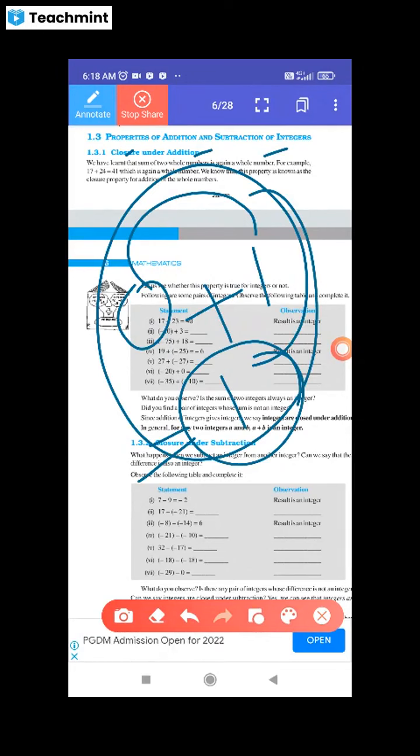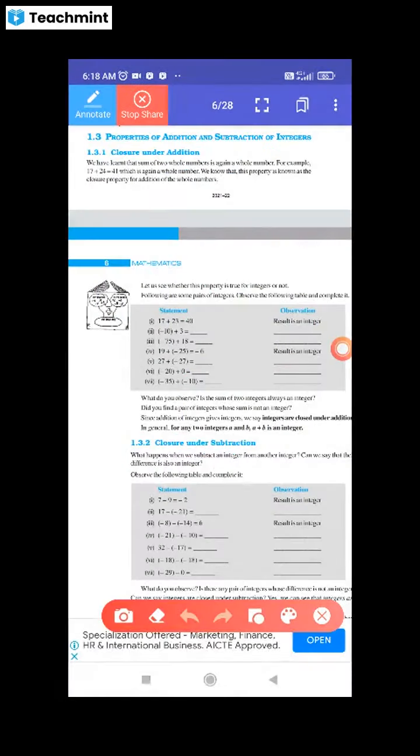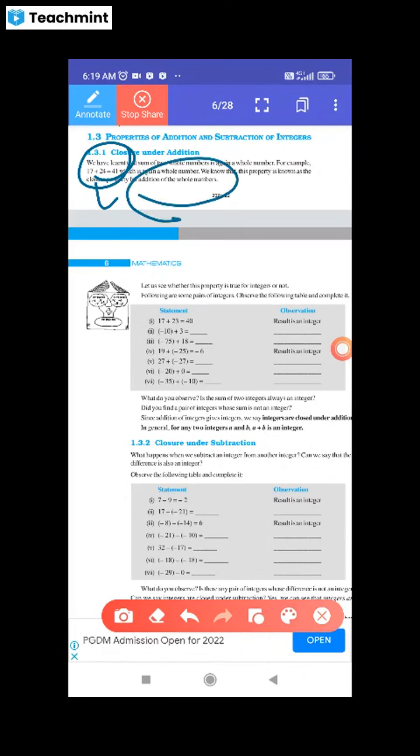Now we are going to learn this for integers. For example, 17 is an integer and 24 is also an integer, and after addition of these two numbers, you will get 41. 41 is also an integer. So we know that this property is known as the closure property for addition. This is for whole numbers. In the same manner, here are the integers.